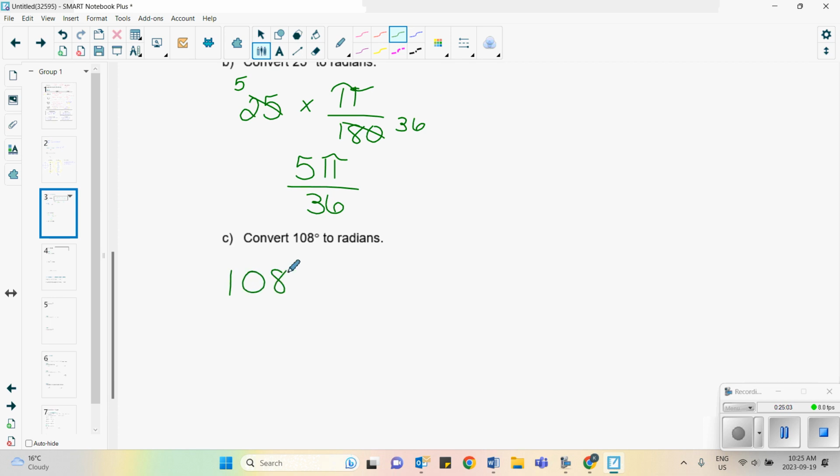Oh, guys, I didn't say this, but I needed to, and I totally forgot. Radians don't have a symbol for their units of measure. Notice on all of these, I have them put the word radians after it, or R for units of measure, like degrees have the little superscript bubble. If it doesn't have a unit of measure, it's assumed to be radians. It's going to be in the context of a question, hopefully.